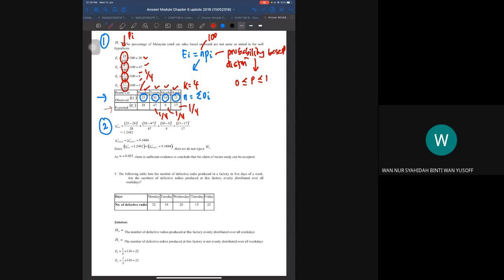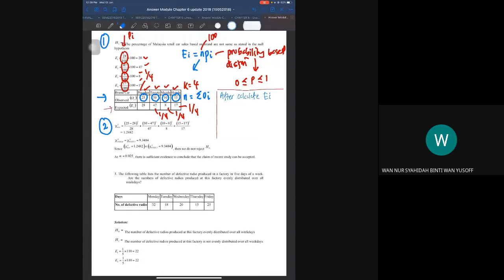We have the expected frequency, but before calculating the chi-square, what do we need to do? Anyone? We check the assumption of the expected frequency.